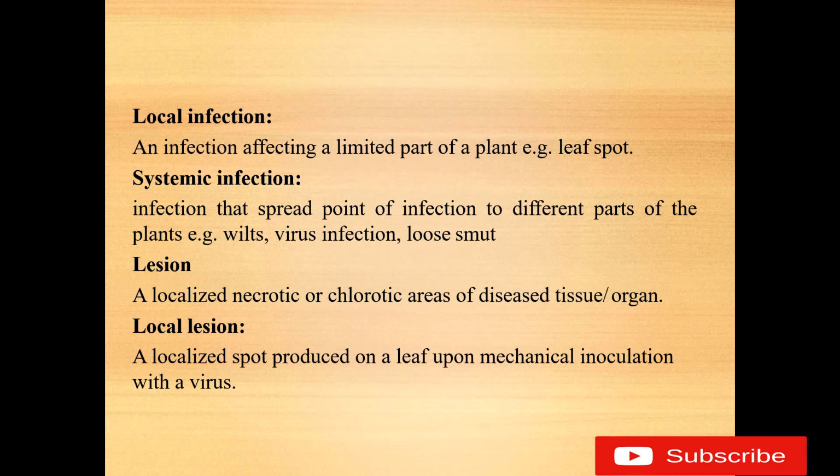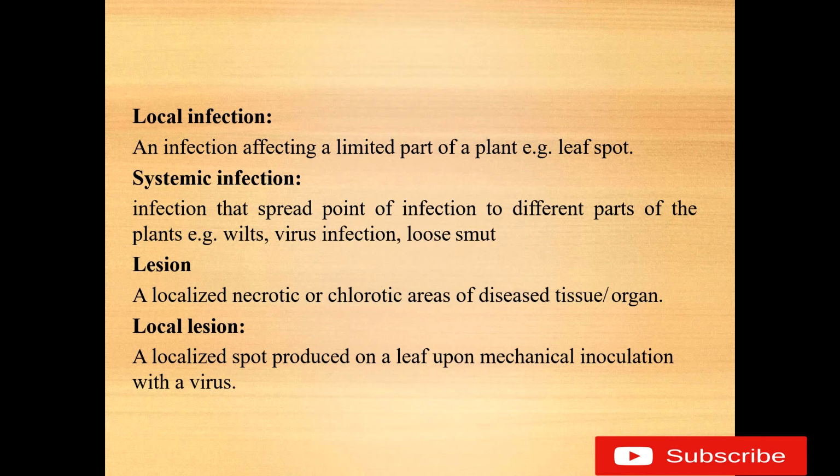And the lesion. What do you mean by a lesion? It is a localized necrotic or chlorotic area of diseased tissue or organ. It means the affected part may lose its color, or may show some spots due to diseased or dead tissues. That is known as a lesion. A local lesion means a localized spot produced on a leaf upon mechanical inoculation with a virus.